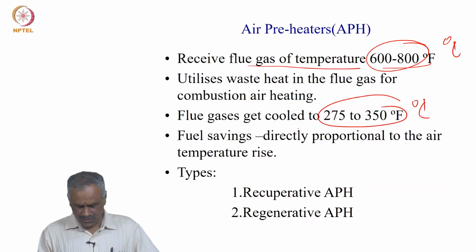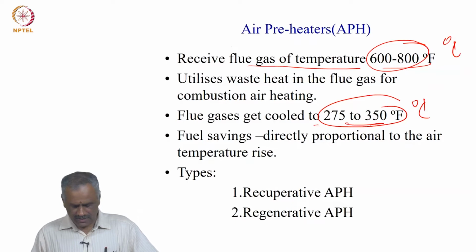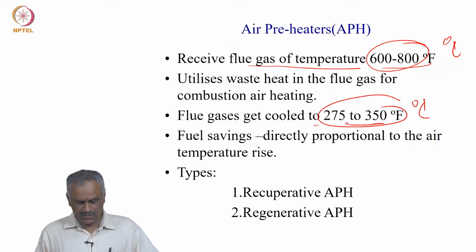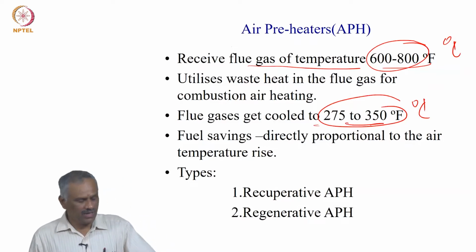That is why the flue gas gets cooled up to these temperatures. And the air which enters the furnace should not be very high in temperature, otherwise there is a possibility of pre-ignition, which I have already explained.